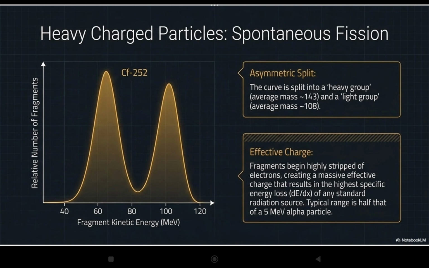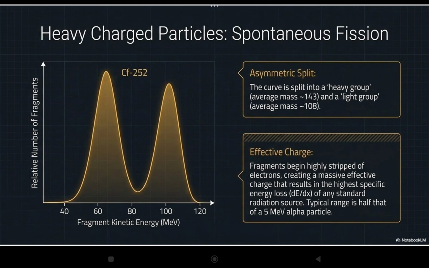A spontaneous fission produces a very different kind of heavy charged particle source. In this process, a nucleus such as californium-252 splits into two major fragments with a broad distribution of kinetic energies. The split is usually asymmetric, producing a heavy fragment group and a light fragment group.